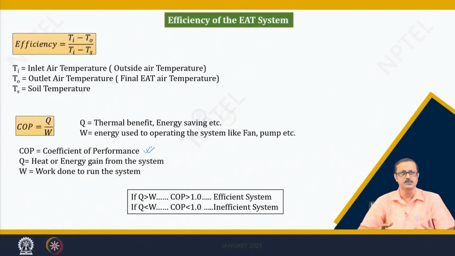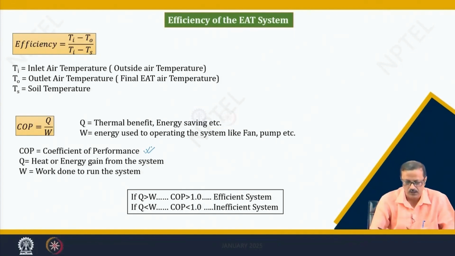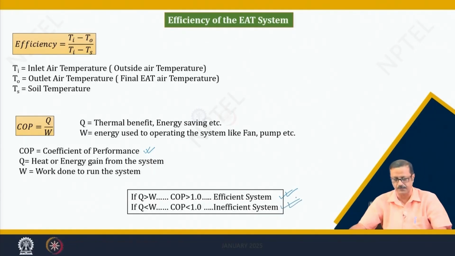So, the gain versus expenditure is a ratio, and definitely the gain has to be more, otherwise why should I adopt it. If Q is more than W, COP is greater than 1 and it is efficient; if it is less than 1, then it is an inefficient system.